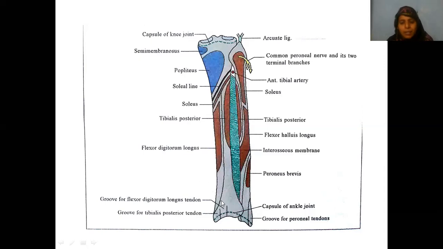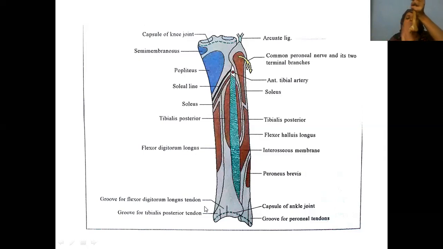Apart from that, when you talk exclusively about the lower end, it is showing this projection, which is the medial malleolus. So the lower end is presenting 5 surfaces, same like radius. Of course, radius is lateral bone and tibia is medial bone because limbs rotate during embryological development. Now, what are the 5 surfaces we have?